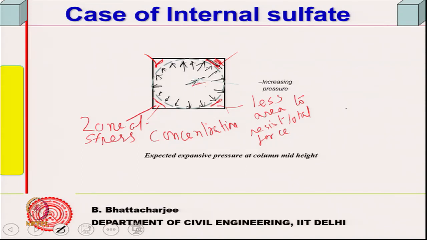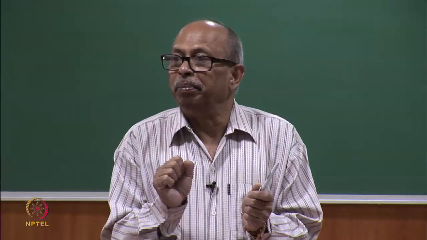So, as if there is some kind of an internal pressure. If there is an internal pressure, that would first result in these corners going off, the zone of excess stress, right. So, stress concentration here, less area to resist the force, and this kind of chunk of concrete was seen to have gone from those corners, but rebar protected them.